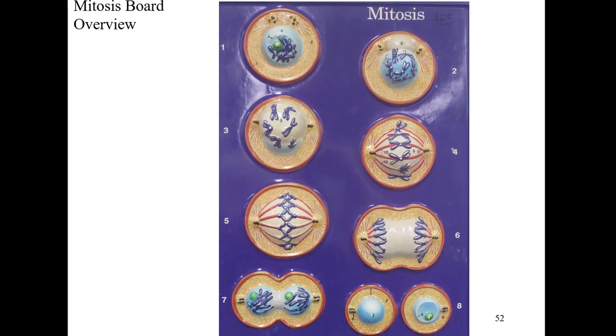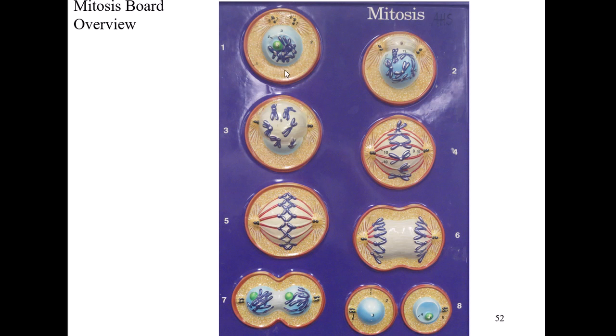Okay, so now that we have an idea of the phases, let's take a look at this model here. In lab, we call this the mitosis board. What we see here is the cell as it goes through nuclear division, because we're talking about mitosis. The first three boxes, 1, 2, and 3, are all prophase.